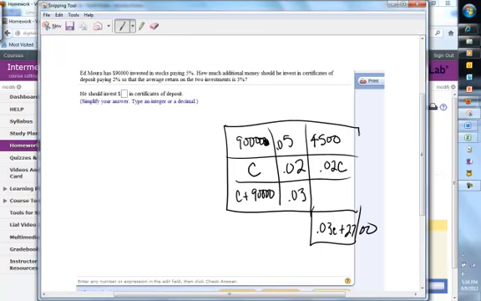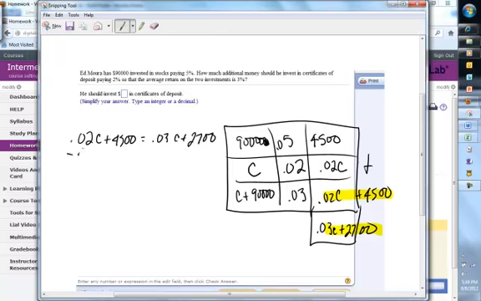And this is what you get when you add 0.02 C plus 4,500. So those two are equal. We have 0.02 C plus 4,500 equals 0.03 C plus 2,700. Subtract 0.02 C from each side, and that takes care of those, so let's subtract 2,700 from each side.